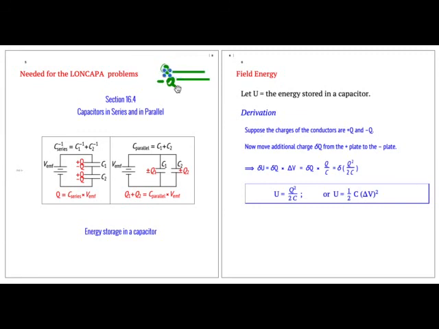And we could have a capacitor which is not in the form of two parallel plates, but anyway, that's the way we'll indicate a capacitor in a circuit.